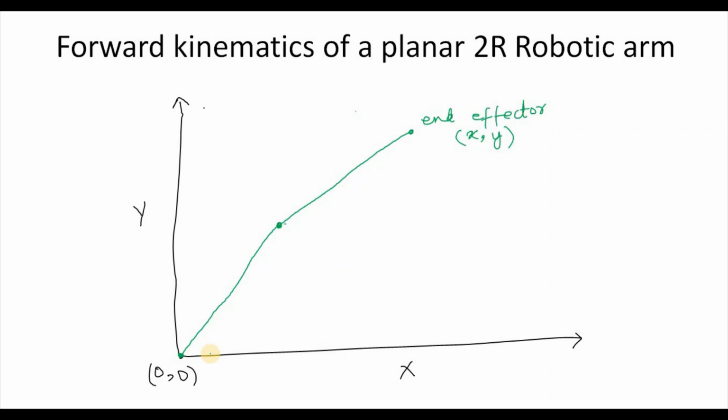This angle here, we call it alpha, and then for the first link we define its coordinates, which are y dash and x dash. Similarly we do this for our second link. So this is link 1, we call it L1, and this is link 2.